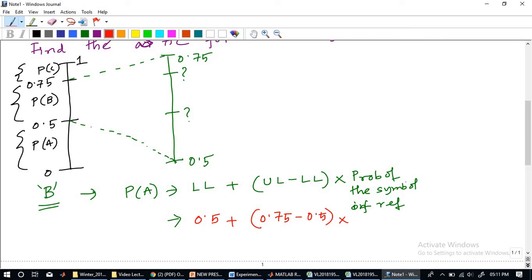Which is the symbol of reference in this case? P of A. And A has been given a probability initially as 0.5. So we will multiply this with 0.5. Please check this step. Again, we are going to follow this for each and every symbol. So we are taking the lower limit plus the difference between upper minus lower limit multiplied by the 0.5.